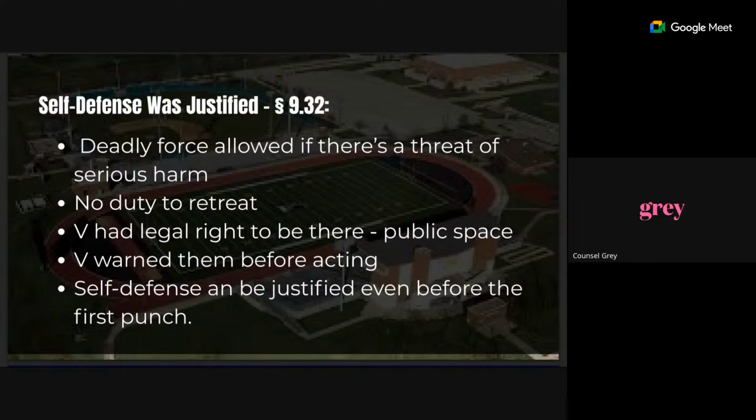We know about one punch kills. They're becoming more common, right? You don't have to wait for the other person to immobilize you with the first blow before you are entitled to defend. Because if you did, let's say you had to wait for several blows before you decided you're in danger, well, you could be dead by that point, okay?